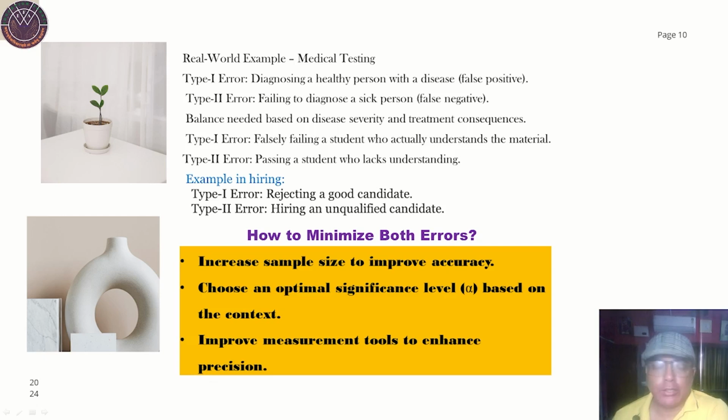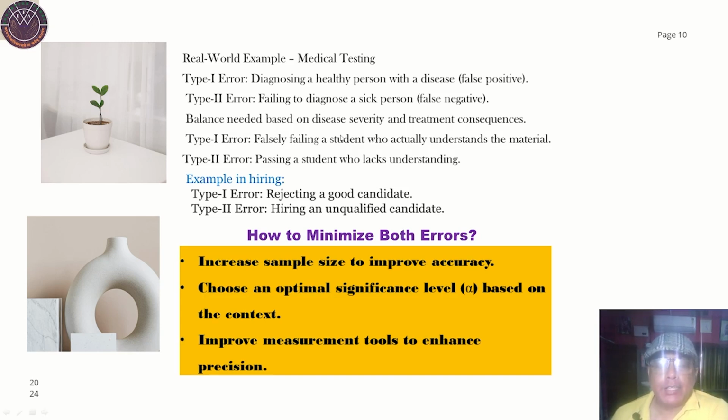That's why you go to a good diagnostic center and you increase the power of test, that is 1 minus beta, so that if the problem is there, it will be detected. You should not be falsely detected, and you should not fail to be detected if you are actually ill.